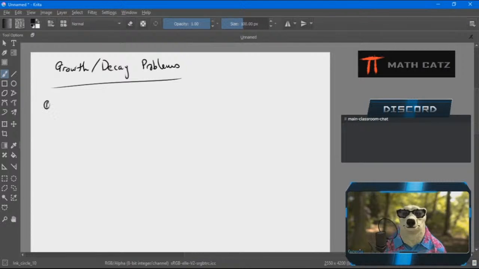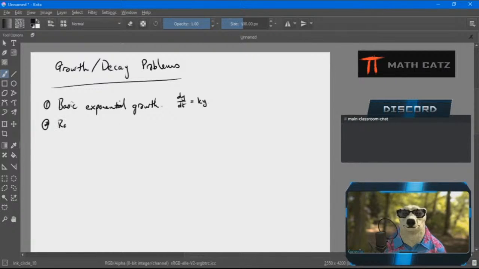So if you remember, we started with our basic exponential growth. Then so here our basic exponential growth says that the growth rate is proportional to the population size.